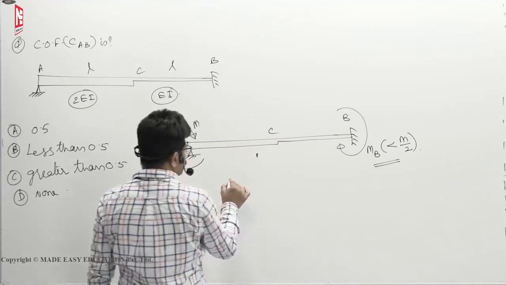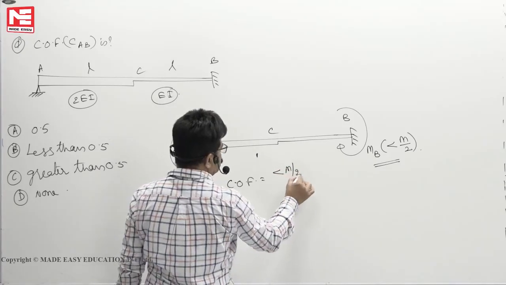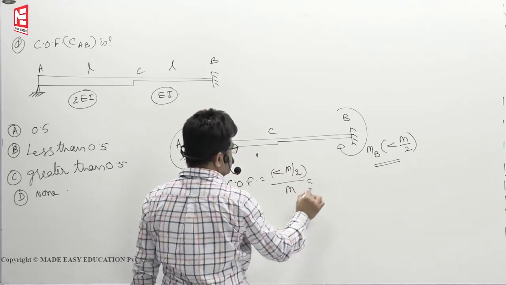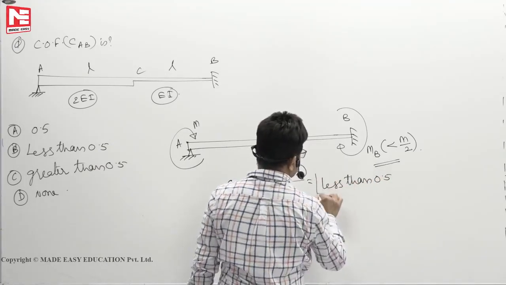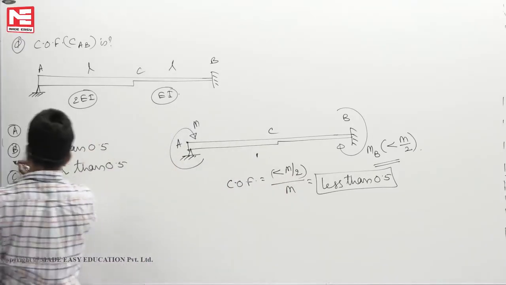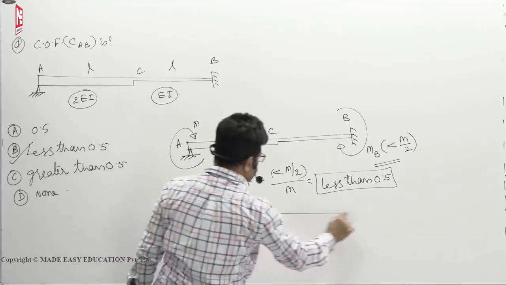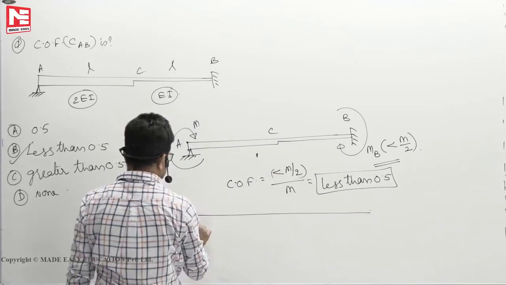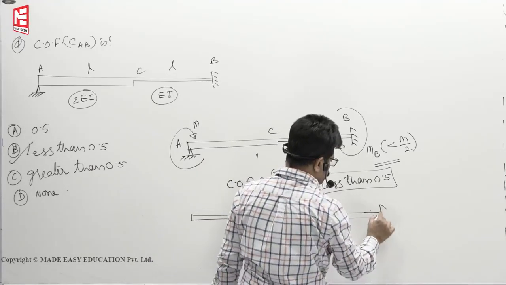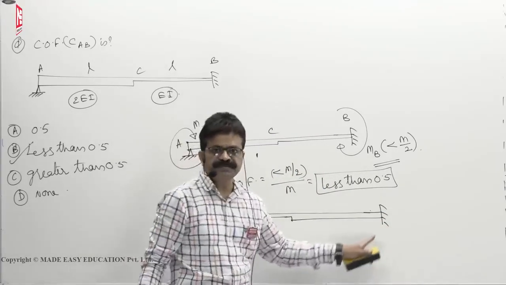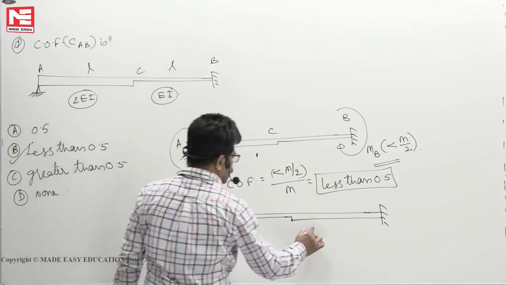So now carryover factor is less than M by 2 by M. So you will get carryover factor is less than 0.5. So less than 0.5. If you apply in the reverse direction, supposing that like this you are applying, if it is infinity it is 2M, but not infinity, I values are different, EI to 2EI.